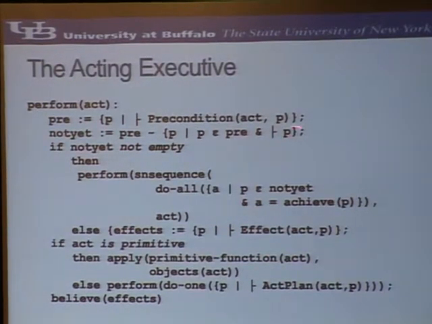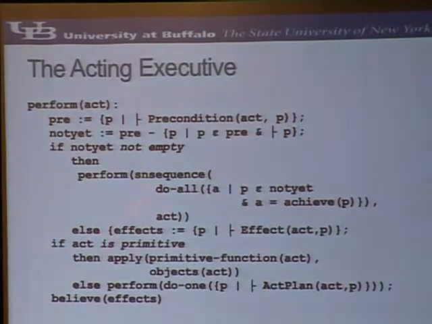Then see which of these P's hold, that is, which the agent believes to hold, and set notyet to be the set that it doesn't believe holds. If notyet is not empty, then perform the sequence: do-all A's such that A is achieve P, where P is one of these not-yet-believed preconditions. And after doing that, try the act again, which of course, if some of the preconditions have been undone by others, it'll try again.